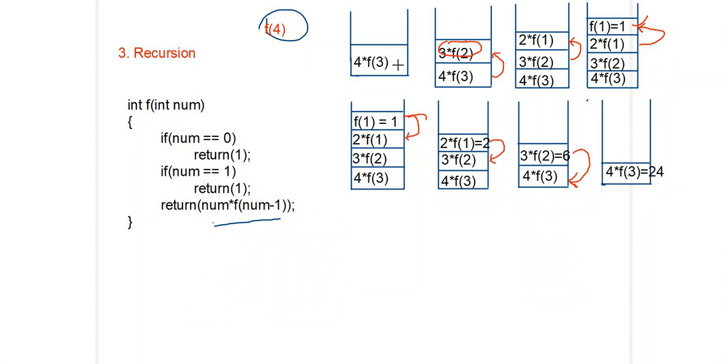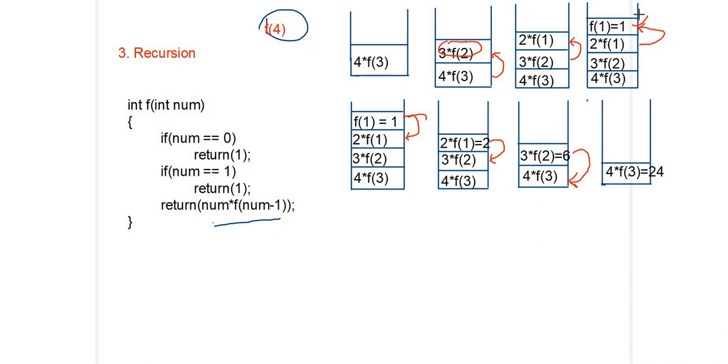When we call f of 3, our function will return 3 into f of 3 minus 1, that is 2. Then this 3 into f of 2 will be pushed. After that, 2 into f of 1 will be pushed. After that, when we call f of 1, it will return 1.